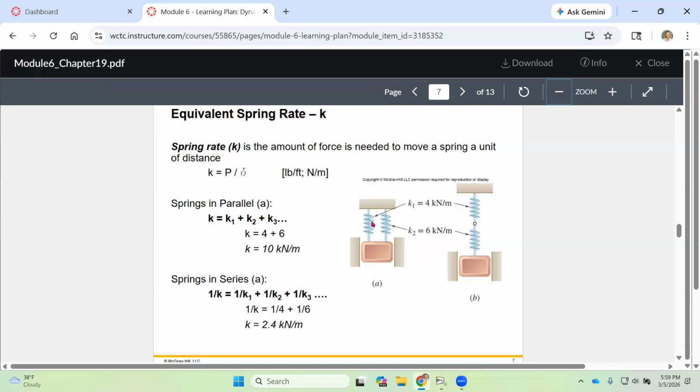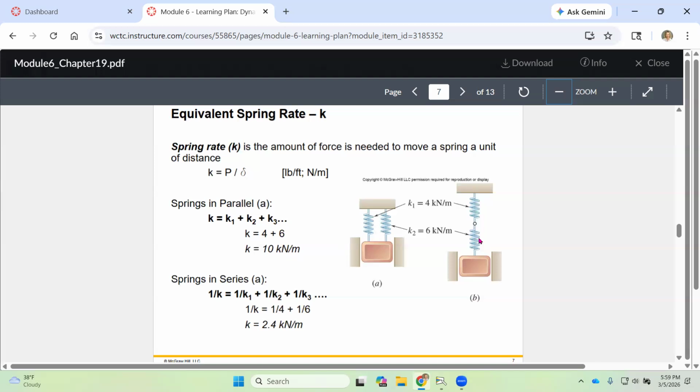K1 is 4 kilonewtons per meter, and K2 is 6 kilonewtons per meter. Because they're in parallel, we simply add them together to get the equivalent spring rate, the one spring rate that would replace those two. So 4 kilonewtons plus 6 kilonewtons gives us 10 kilonewtons per meter. That would be the equivalent on this side.